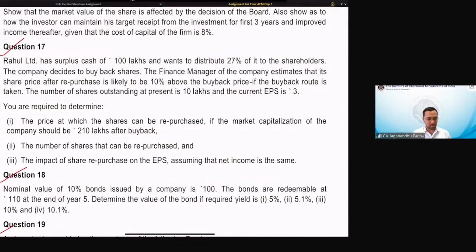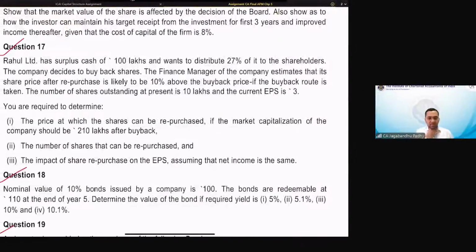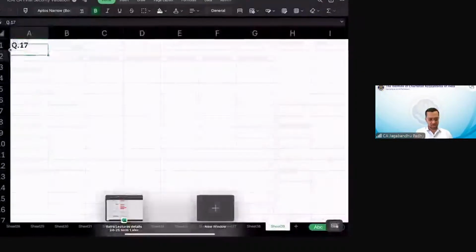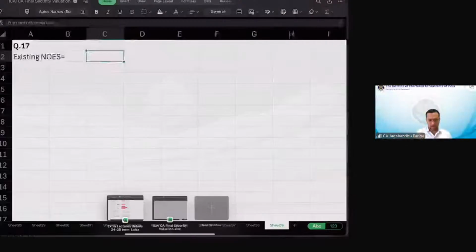Market capitalization should be 210 lakhs, and the existing number of equity shares is 10 lakhs.